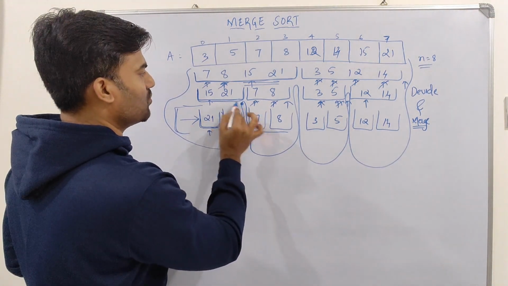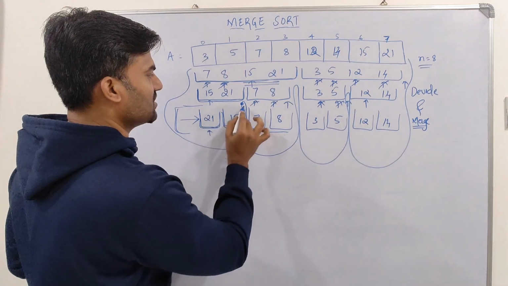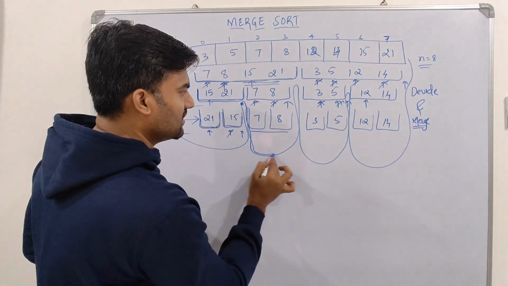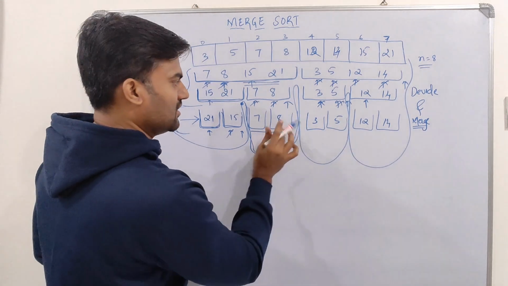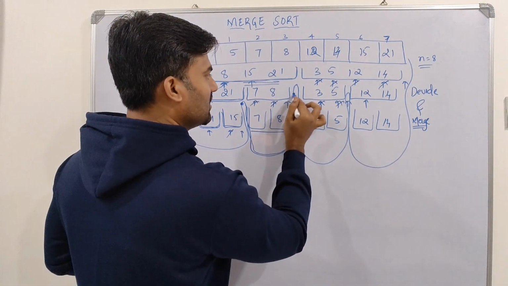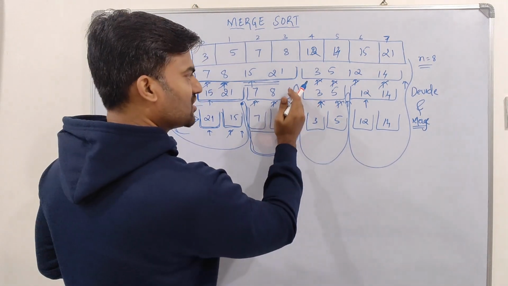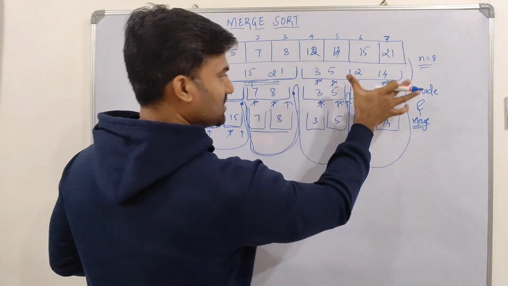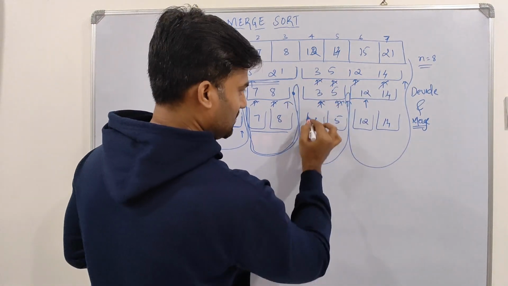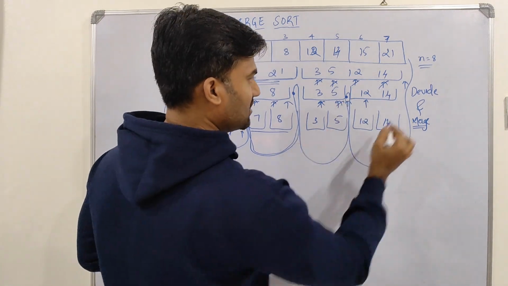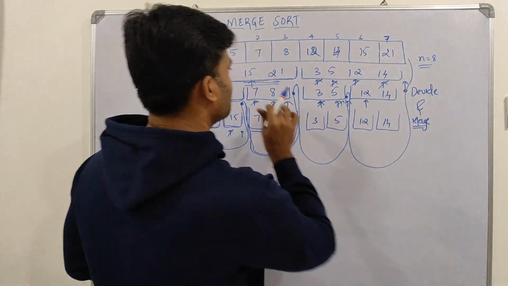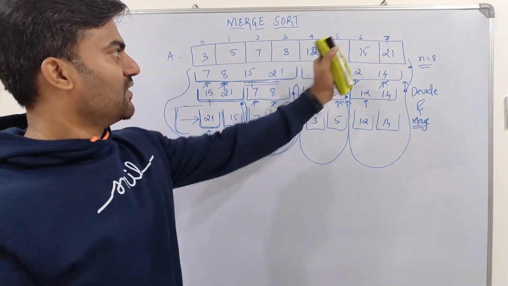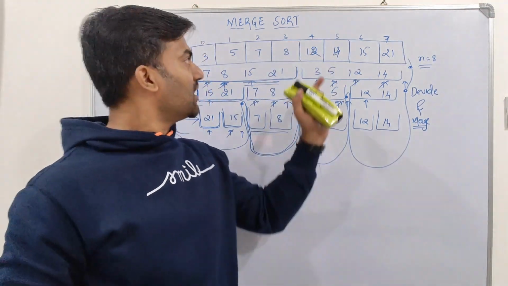So here this is one point where these elements are merged. Then again the next array gets divided. Then once we get this smaller array here, the merge happens. The second merge happens here. Then again division. Then the third merge, here the fourth merge, and finally here the fifth merge for these two arrays. And finally we get back our merge sort.